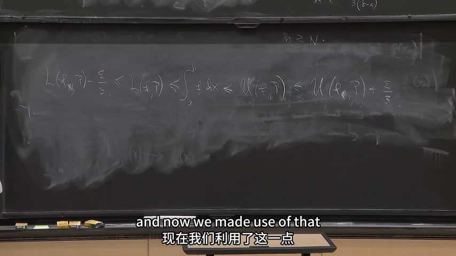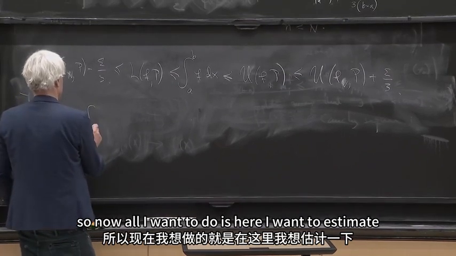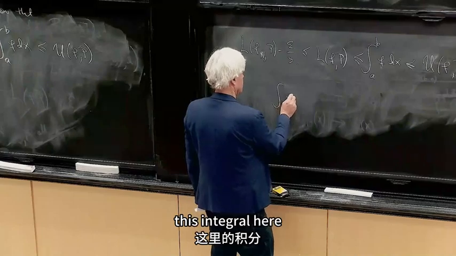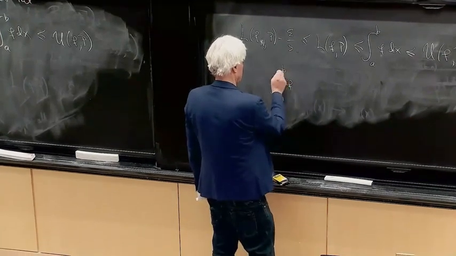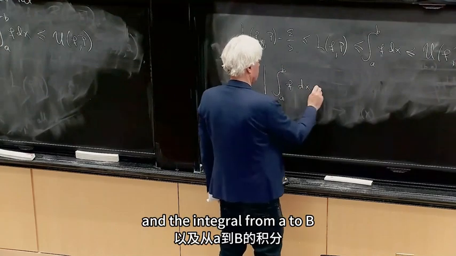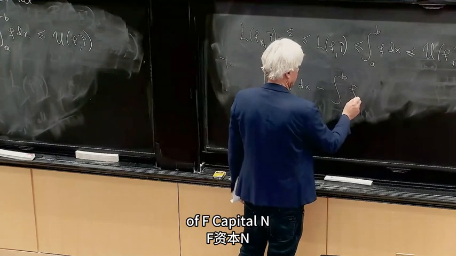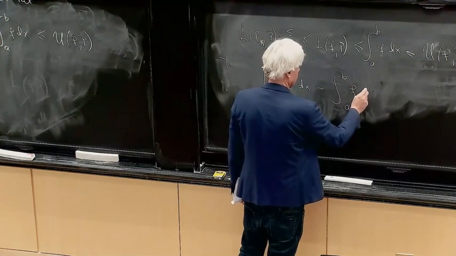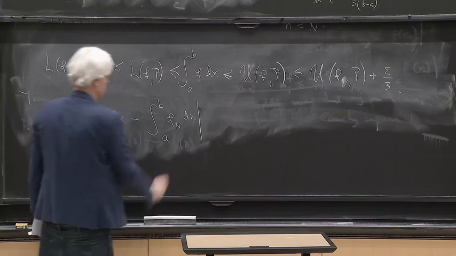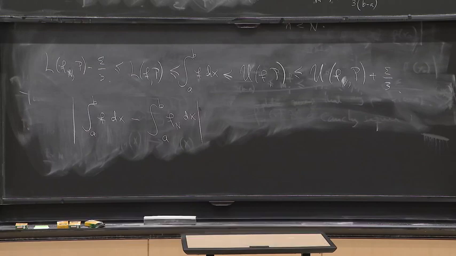And now we made use of that. So now all I want to do is here, I want to estimate the difference between this integral here and the integral from a to b of f capital N. Right? And I want to prove that if I'm very far out, this here is very small. Right?